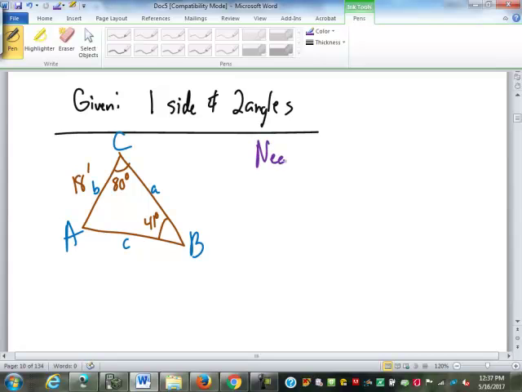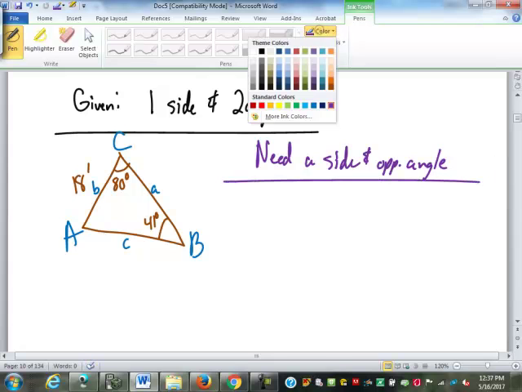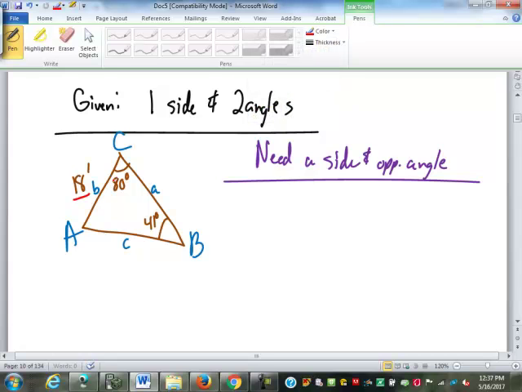When I'm dealing with law of sines, I need a side and its opposite angle that I know the size of, that I know the number for. Here I have that. I have this side, and this is its opposite angle. So that's what I'm going to use for solving the rest of this triangle.